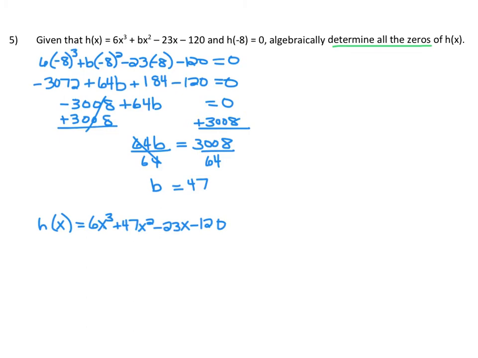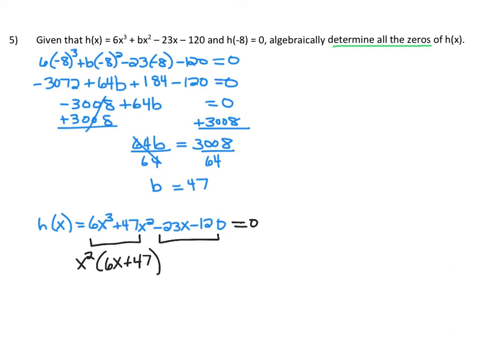So let's think about this. My first thought would be to maybe take this and set this equal to 0 and factor, because if you factor, then you could always make a t-chart and solve and find your zeros. Now, I'm looking ahead here. This is not going to factor nicely for us by grouping. Here, I'm going to do this in a different color. If you basically tried to factor this and set it equal to 0 in order to solve, out of the first two terms, we could factor out an x squared, which leaves us with 6x plus 47.